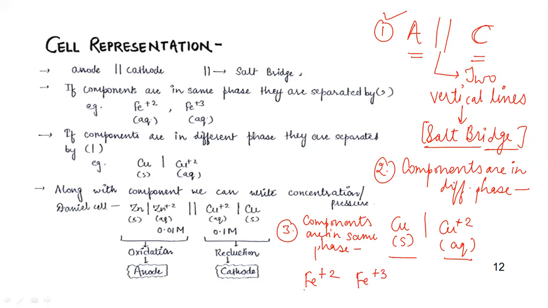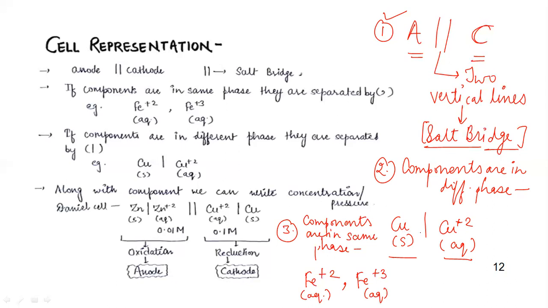These both are in aqueous. Okay, then we just have to use a single comma between them. So salt bridge can be represented by two vertical lines. If components are in different phase, we just have to put one single vertical line in between them. And if components are in same phase, we have to use the comma between them.